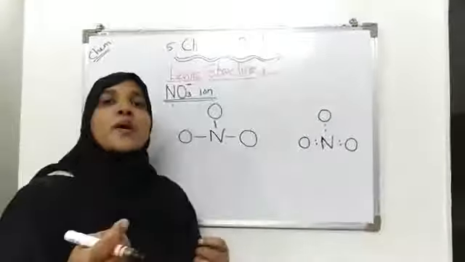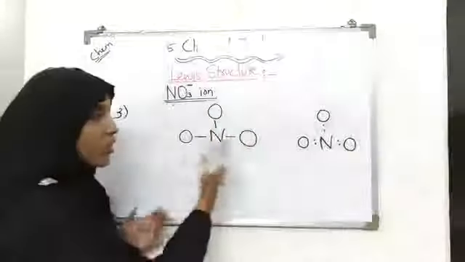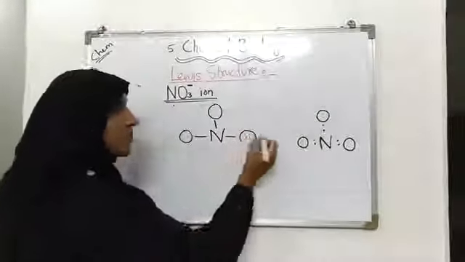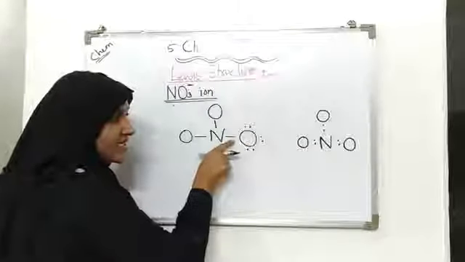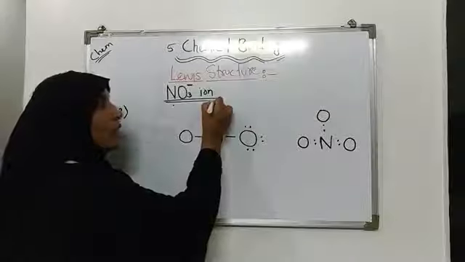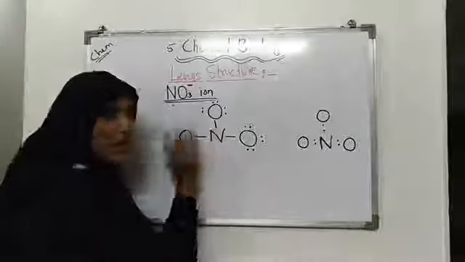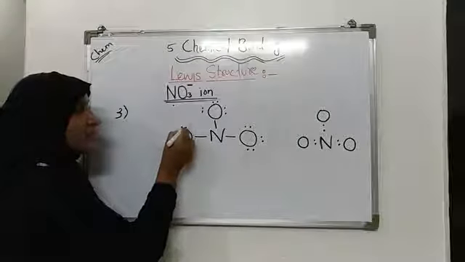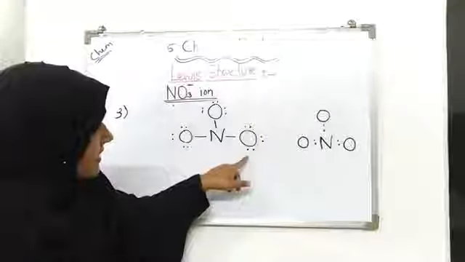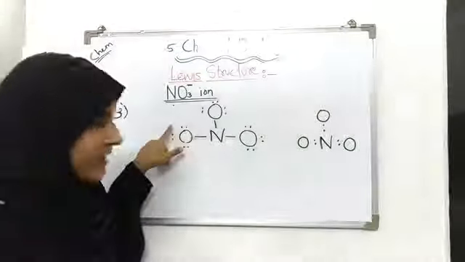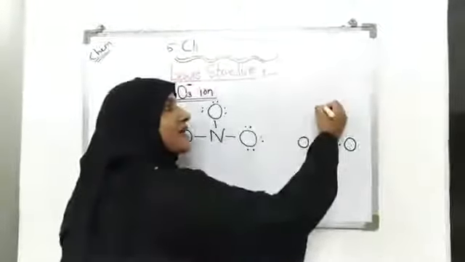So now let's try to complete the octet of each element. आप किधर से भी शुरू कर दो और ऑक्टेट साइड से भरना शुरू करो. तो 1 2 3 4 5 6 7 8 ऑलरेडी है. 1 2 3 4 5 6 7 8 ऑलरेडी है. 1 2 3 4 5 6 ऑलरेडी. 6 6 6 18, 2 2 2 6, 24. यानी अब आपने क्या किया?